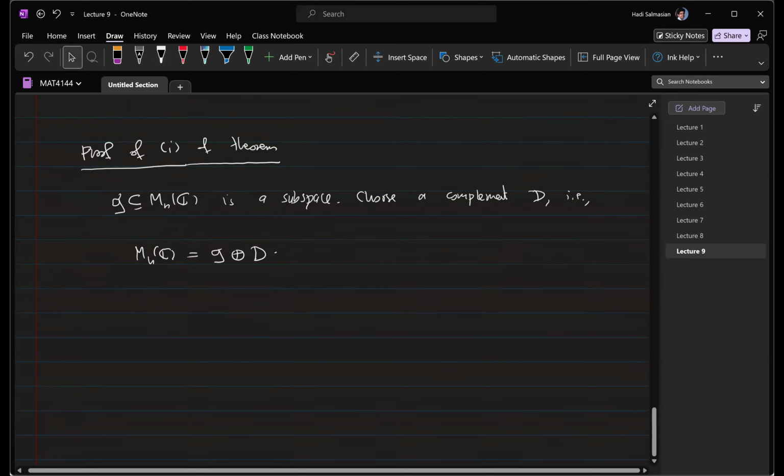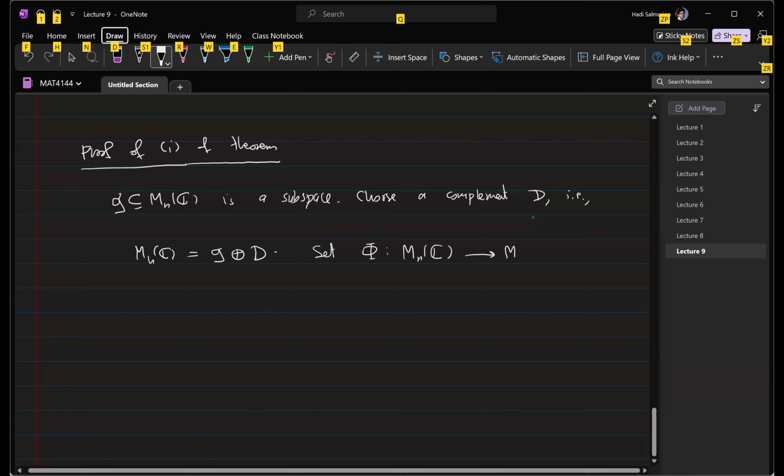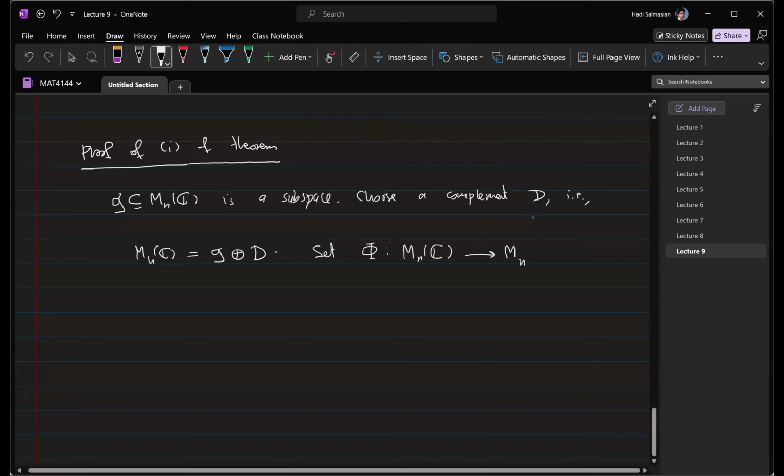And now we have this map phi that goes from M_n(C) to M_n(C).